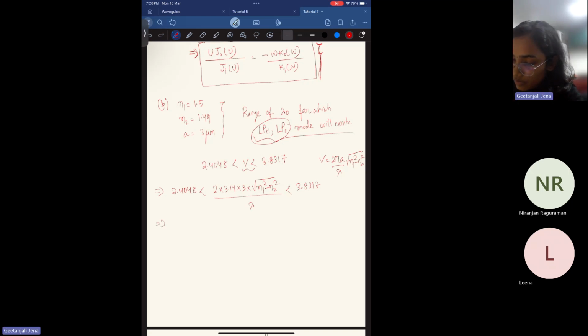So that means we have 2 into 3.14 into 3 square root of 1.5 squared minus 1.49 squared, over 2.4048, greater than lambda, greater than 2 into 3.14 into 3 square root of 1.5 squared minus 1.49 squared over 3.8317.